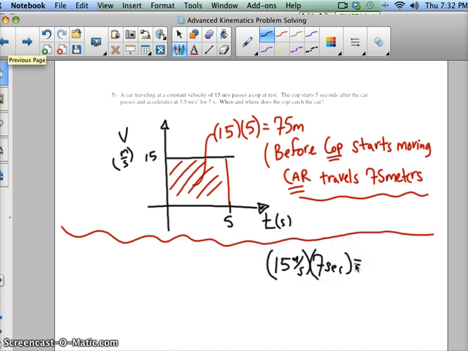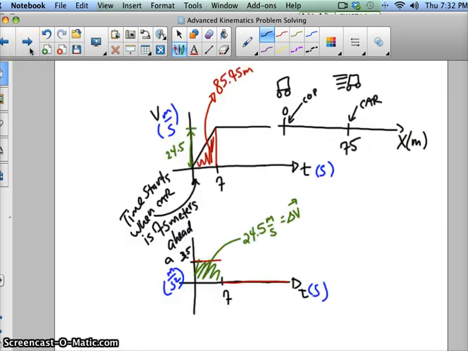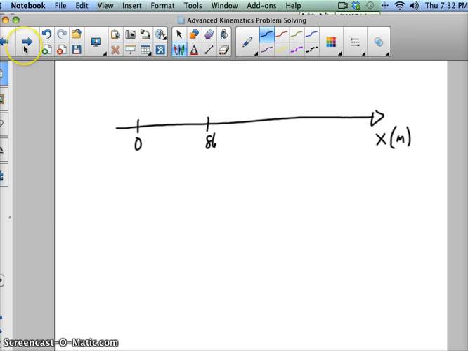So the 15 times 7 should give us 105 meters. So our car that the cop is chasing is actually at 105 meters at this moment in time. So this is at t equals 7 seconds, right?